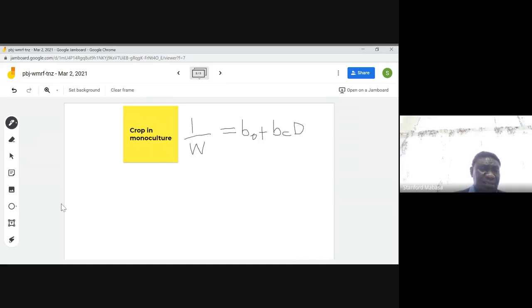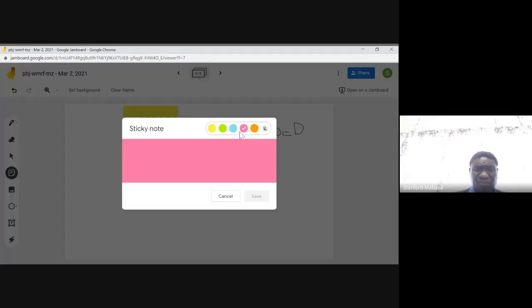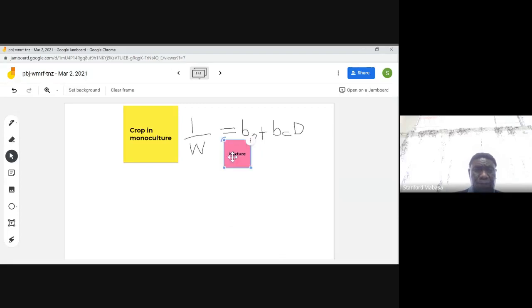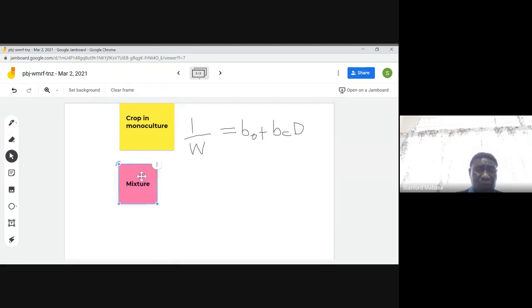And for the mixture, now for the mixture, we're having a crop and a wheat.